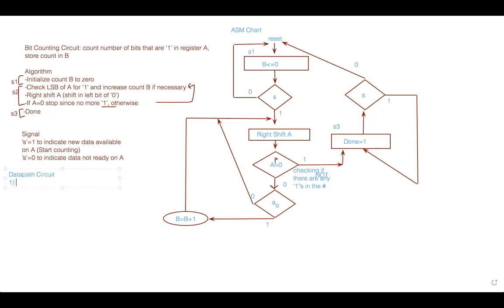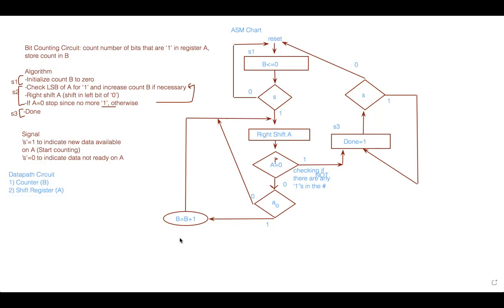We have a counter E, and then we have a shift register, which we'll label A. The counter is going to be adding 1 every time, and the shift register has to shift over the number.